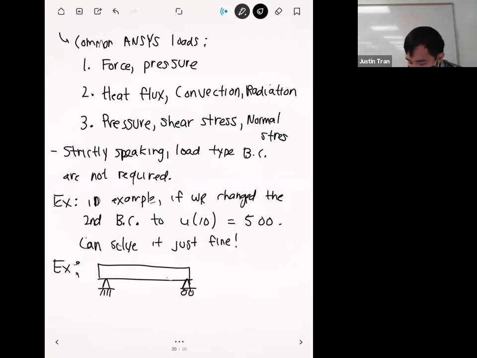By placing the fixed support, or a pin support, here on the left side, what we're saying is that this is our fixed support or fixed constraint. And that's one constraint type boundary condition.